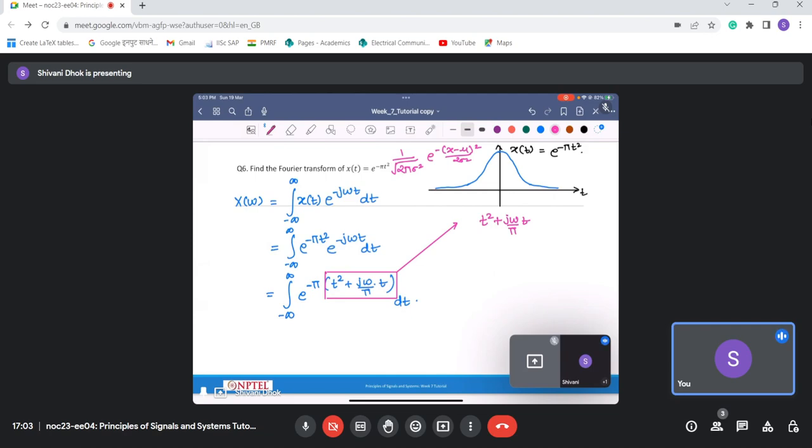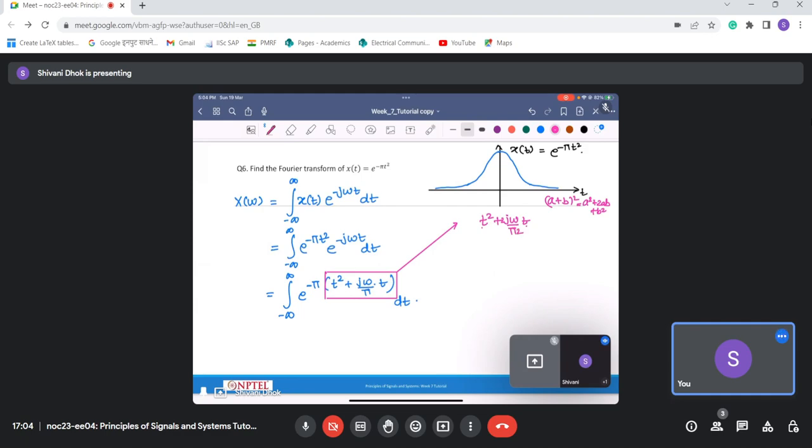So if we observe this, it is a whole square term, and we'll try to bring a similar term which is present here. For that we'll have to use the completing square method by adding and subtracting some constants in this equation. So we'll try to do that now. First we'll try to get this in the form of (a plus b) whole square, which is equal to a square plus 2ab plus b square. So now this is, suppose, my a, and let's say we multiply this by a factor of 2.